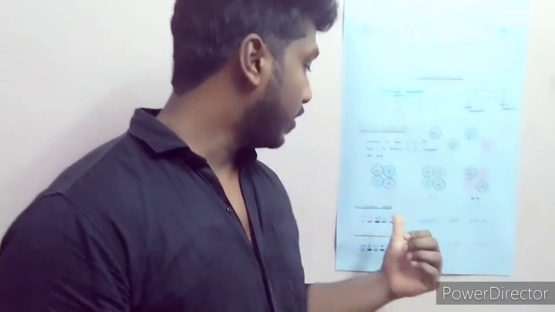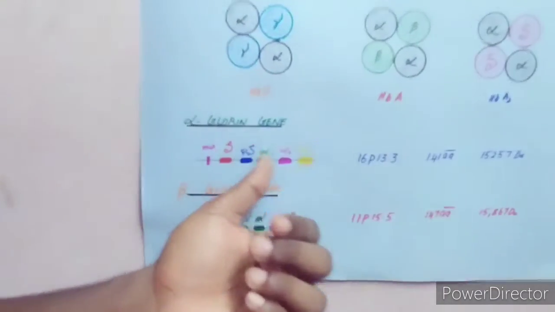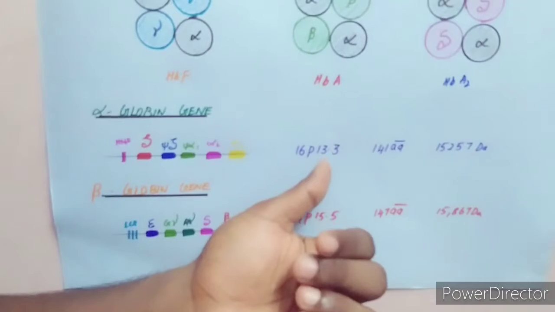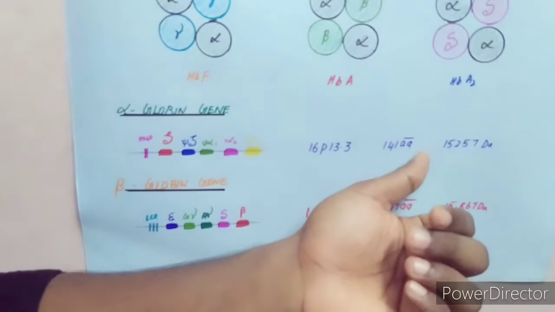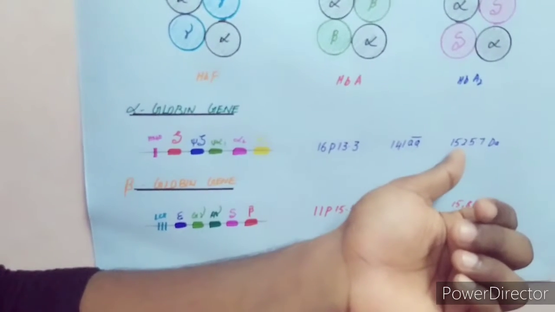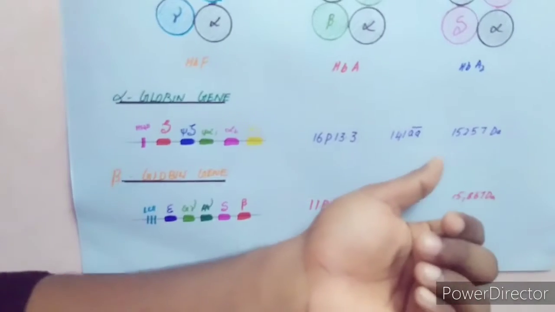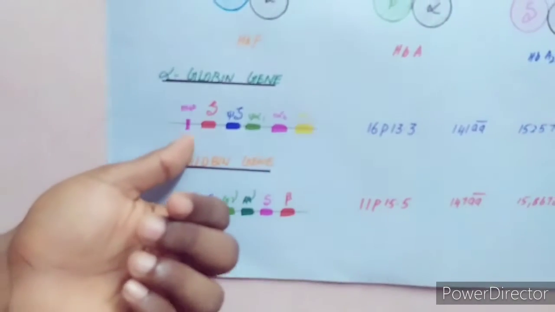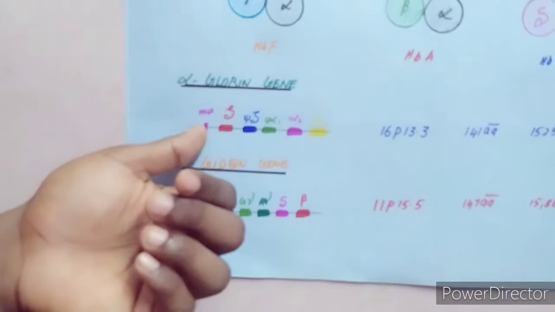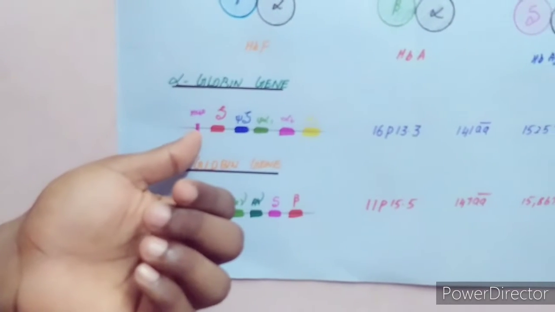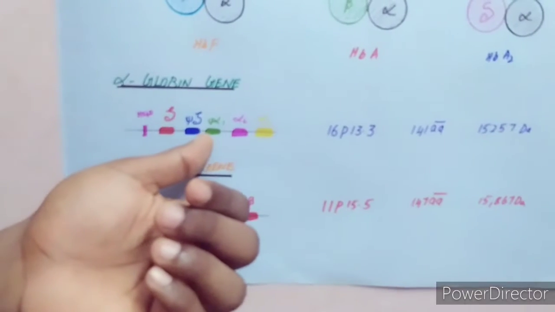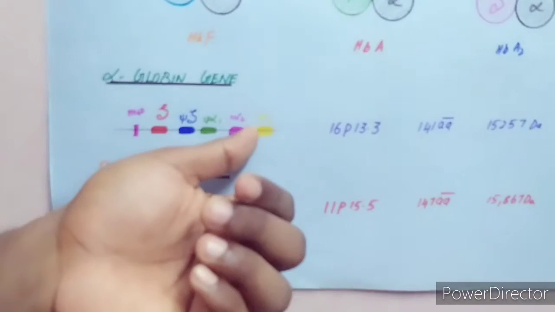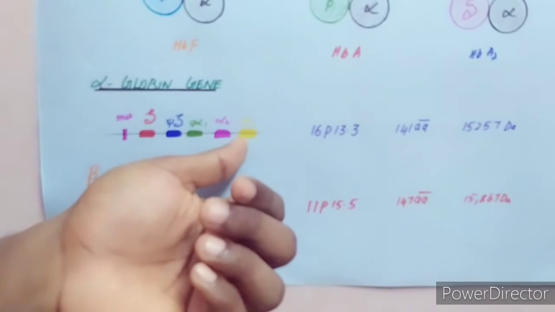Now we'll see both gene loci. The alpha globin gene is present at 16p13.3, and encodes a protein of 141 amino acids, with a molecular weight of 15,257 Dalton. The alpha cluster consists of HS40, which acts as a locus control region (LCR), zeta, which is seen in the embryonic stage, and two pseudogenes and alpha genes, which are seen in the fetal and adult stages of development.